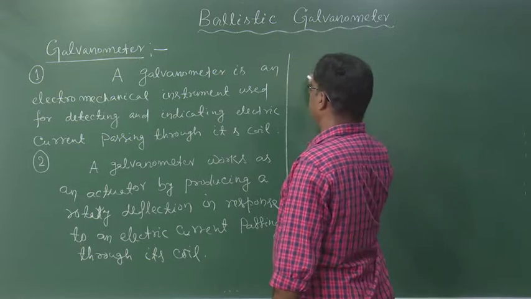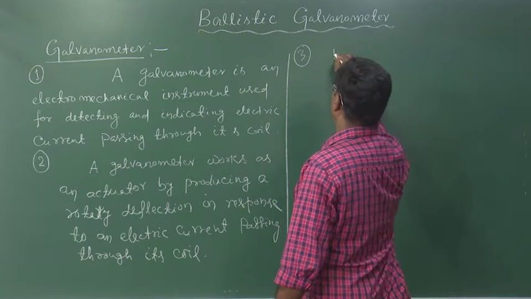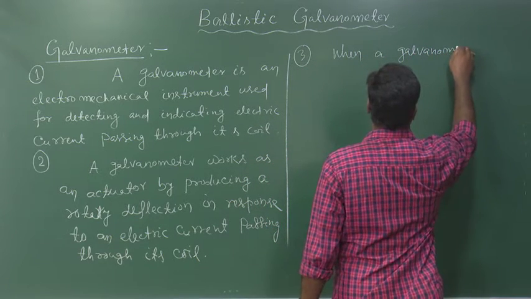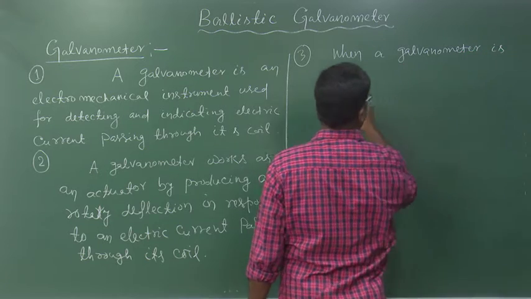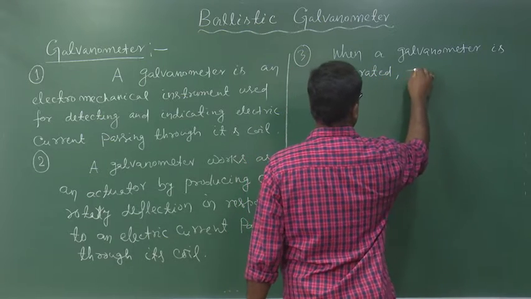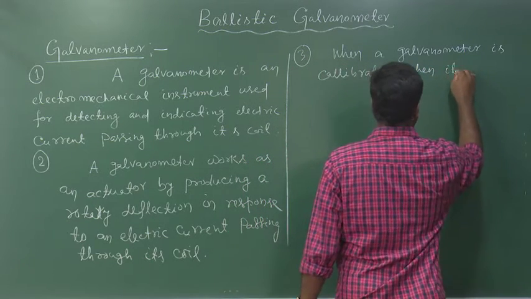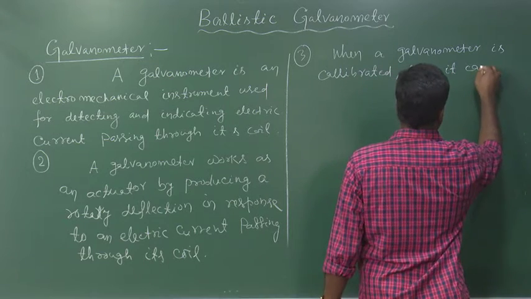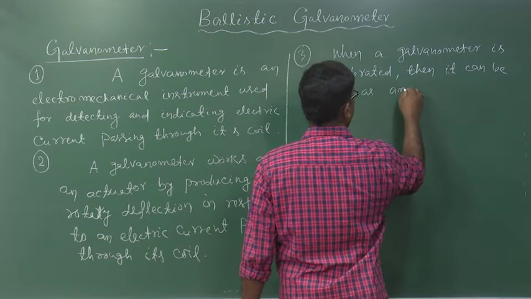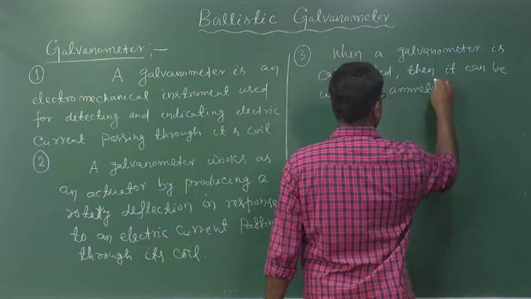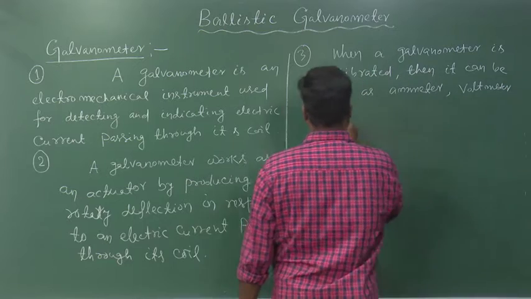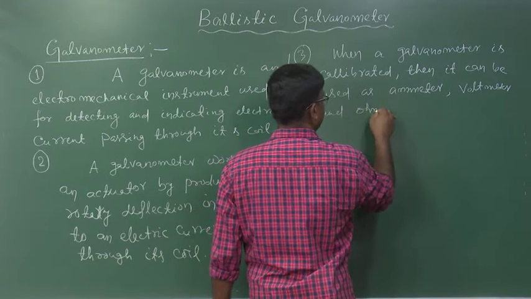So, now we can write, when a galvanometer is calibrated, then it can be used as ammeter, voltmeter and ohmmeter.